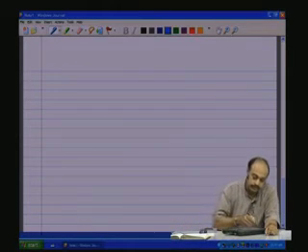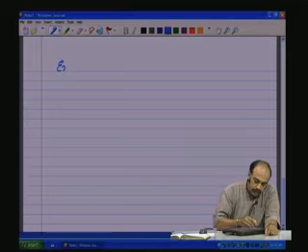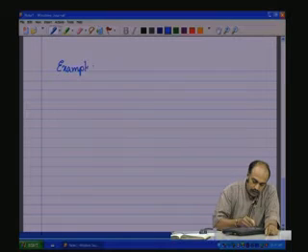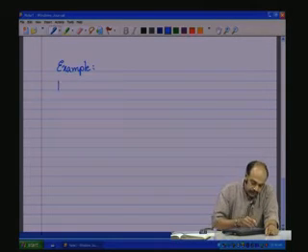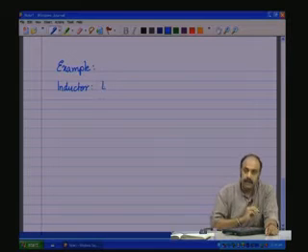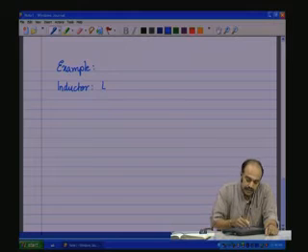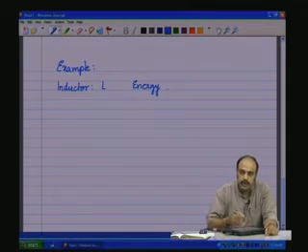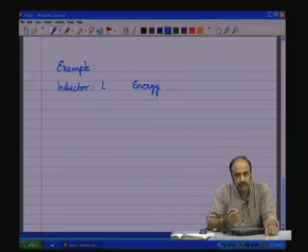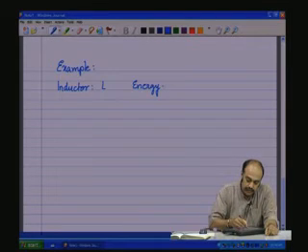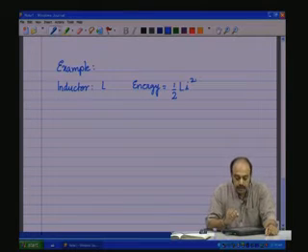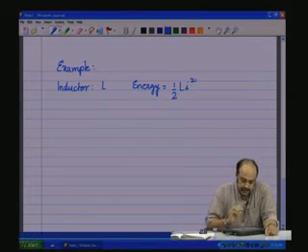For example, let me take the case of the inductor. The inductor L. So, in the inductor, the energy is stored by virtue of the kinetic energy, by virtue of the flow of the current. And it is given by half L I square, which we saw in one of the earlier sessions.